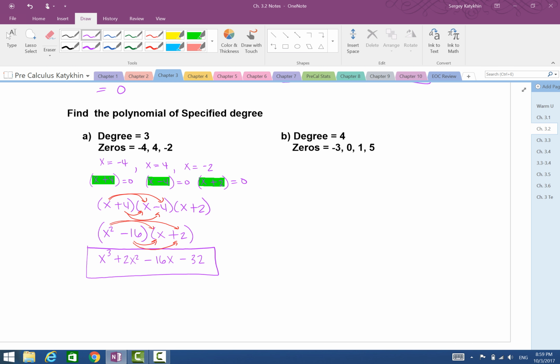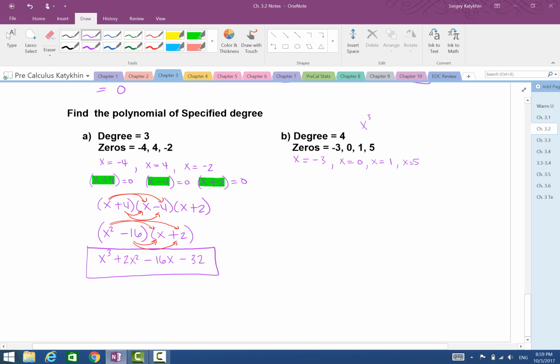Similar concept, degree 4, which means this time it should be x to the 4th or something of that sort. Now remember, my zeros are x is equal to -3, x is equal to 0, x is equal to 1, and then x is equal to 5.